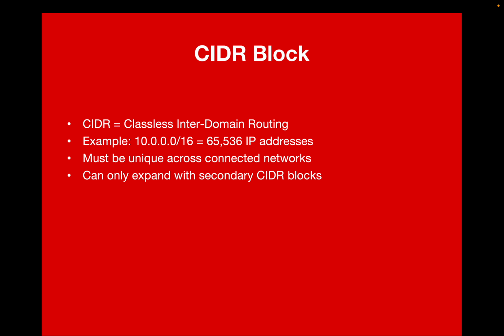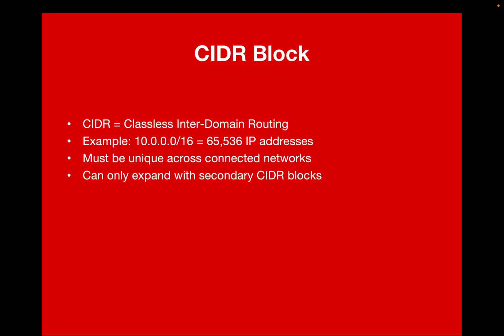Let us try to understand the different meanings of this. If you look at the slash component, which is 16 here, that basically means the number of bits reserved for the network address. Any IPv4 address is composed of four components, each having 8 bits.